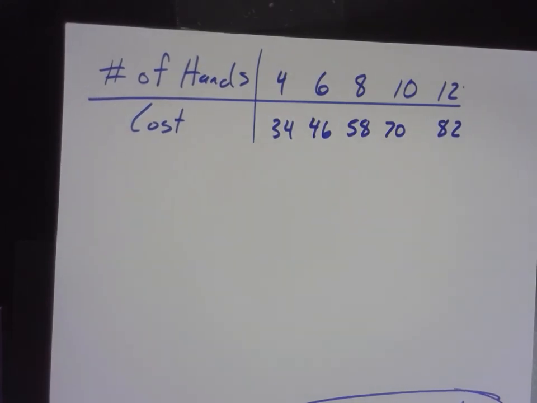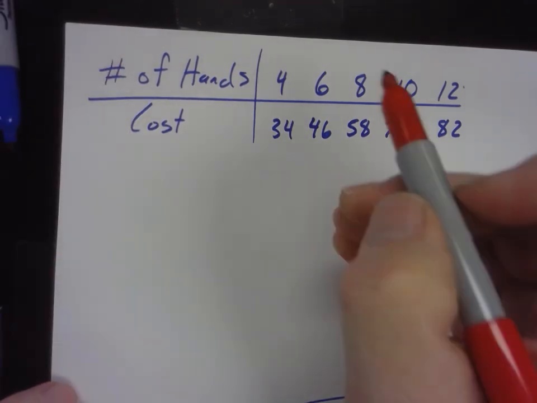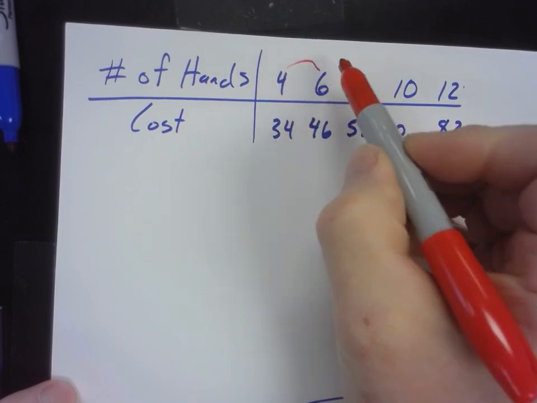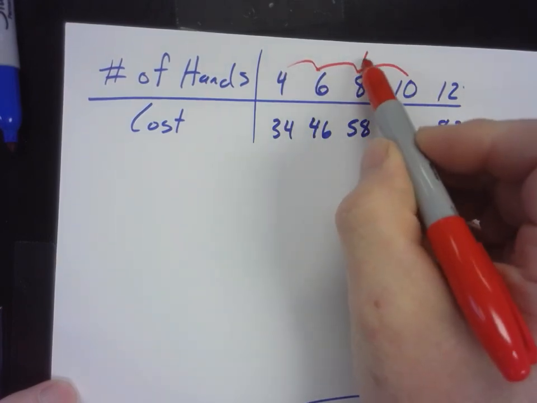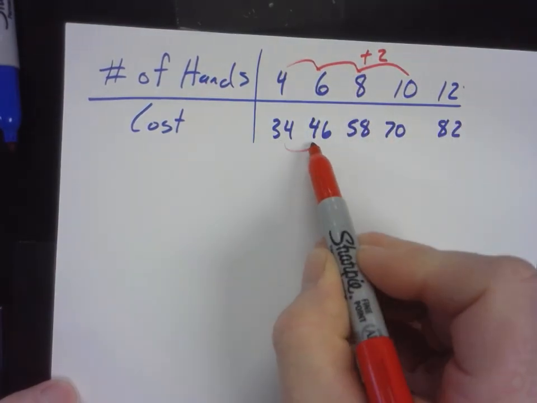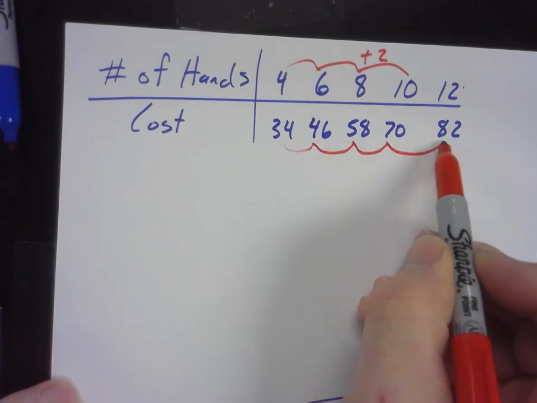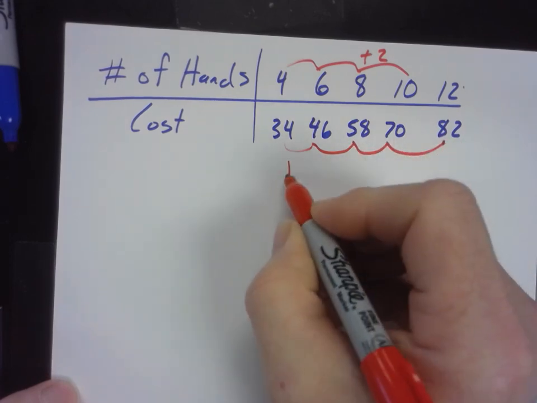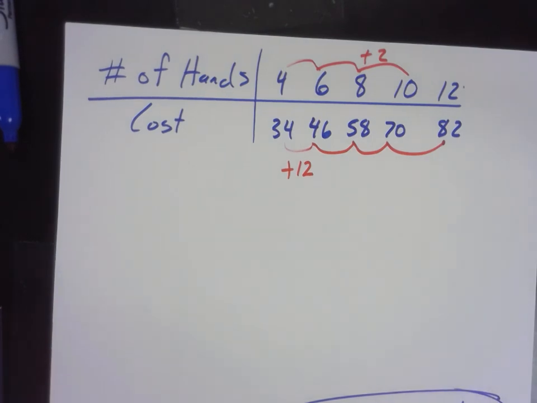So the first question was, can this be modeled by a linear type of expression? Do we see a constant rate of change? Yeah. We do? So the change in x, what's happening every time? Plus 2. And the change in y? Adding 12 each time? Yeah.